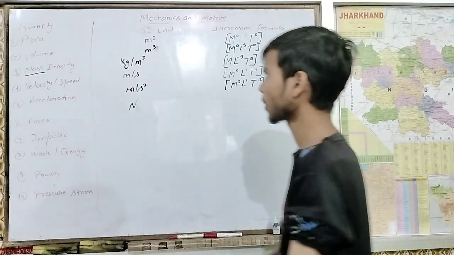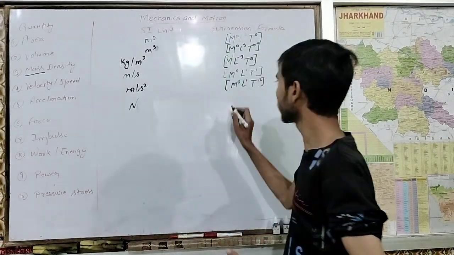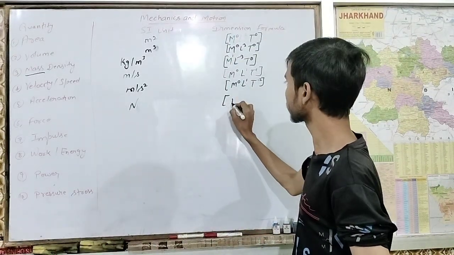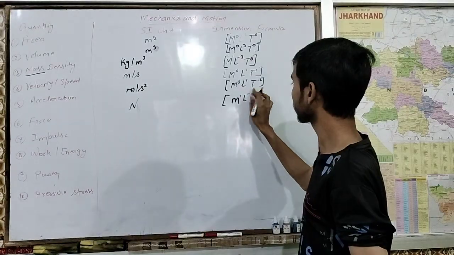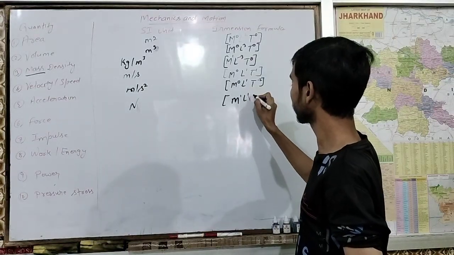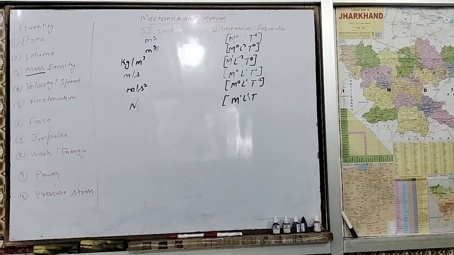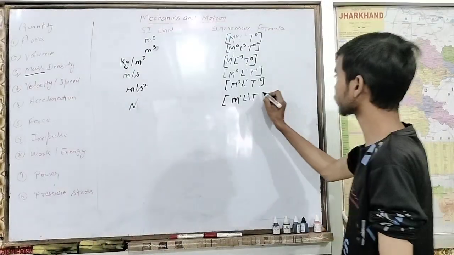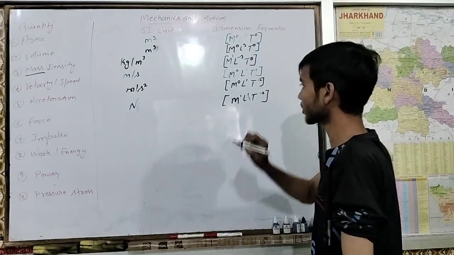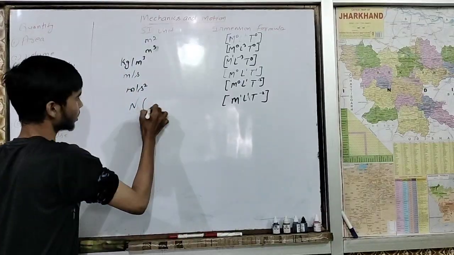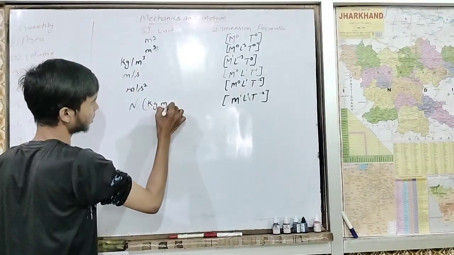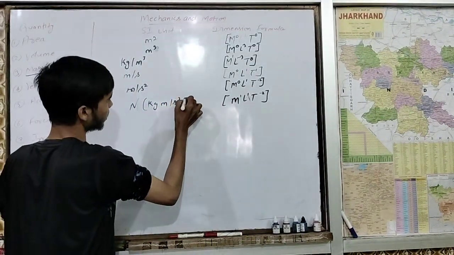Now look over here. Newton. Remember, the dimensional formula for this is M1, L1, T minus 2. Here M1 means kg, meter per second square. Kg meter per second square. Here you can say kg meter per second square.